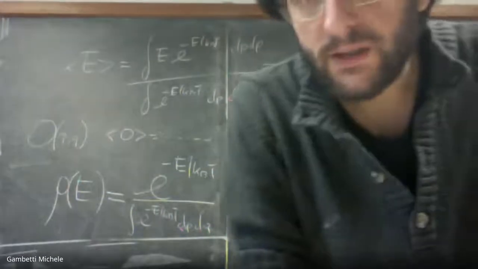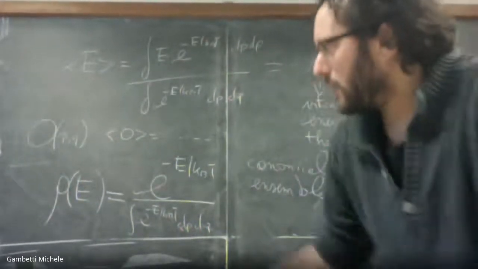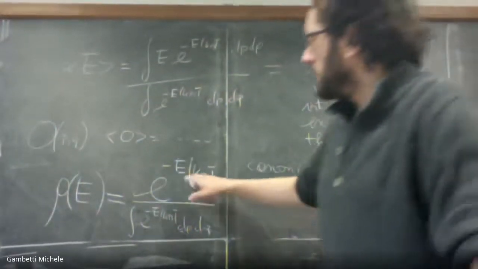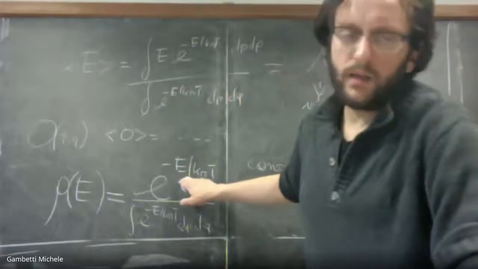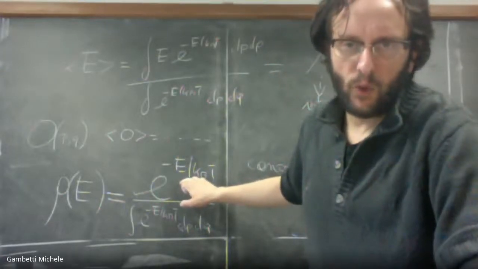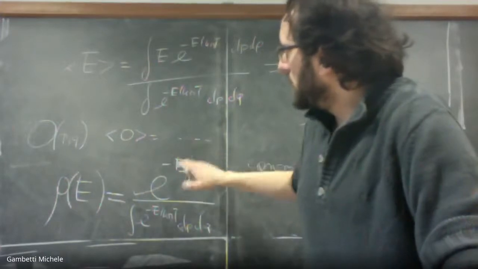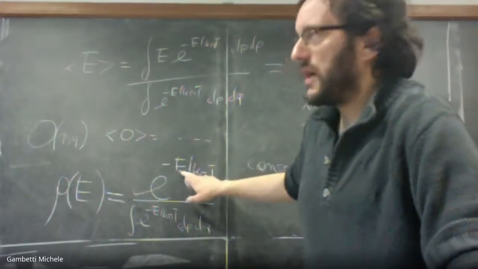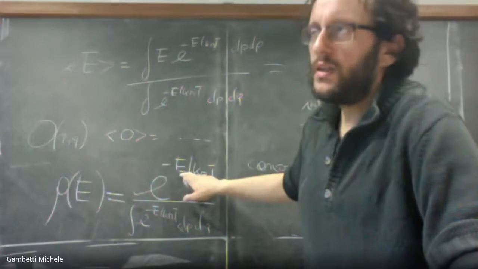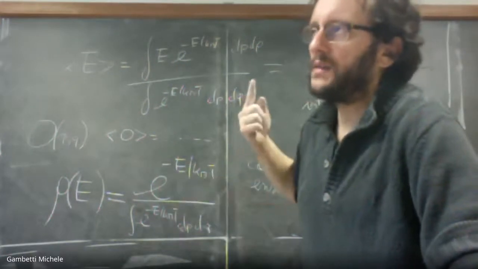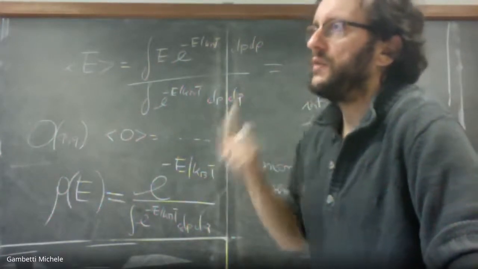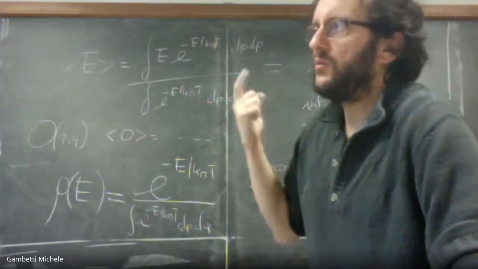So maybe just okay. I will again comment, of course, on this. But now we have seen many times, of course, this exponential, this Boltzmann factor, right? But here, what is important to stress is that E is not the energy of a single particle or the energy of a single state available for a particle.